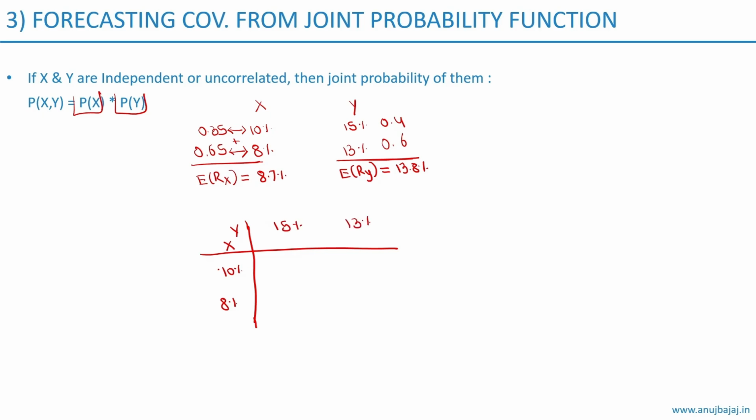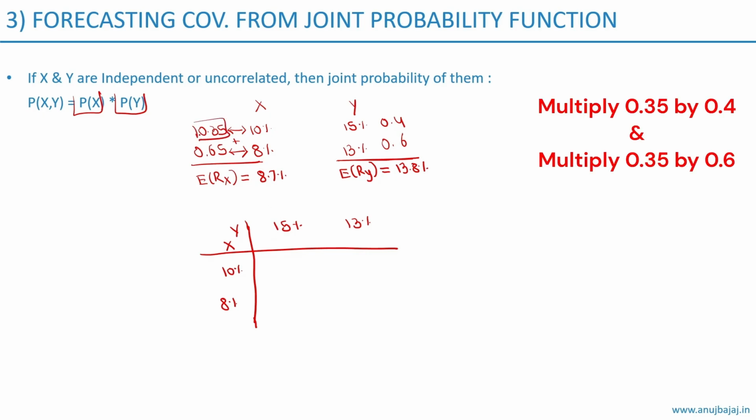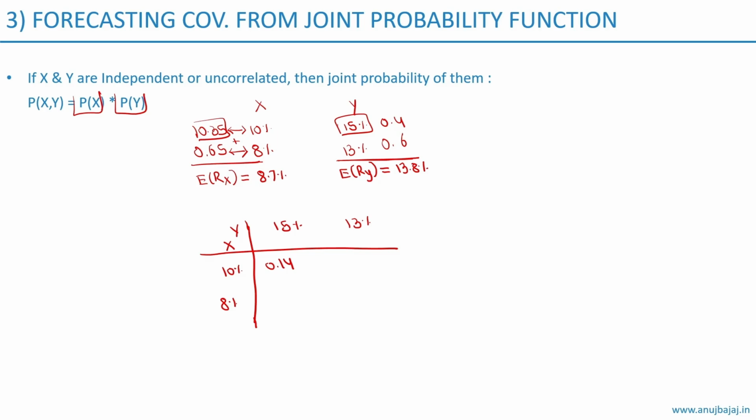So the probability of X generating 10% and the probability of Y generating 15% together is the product of 35% and 40%, which gives us 14%, and the probability of X generating 10% return and Y generating 13% return together is 35% multiplied by 60%, which equals 21%.